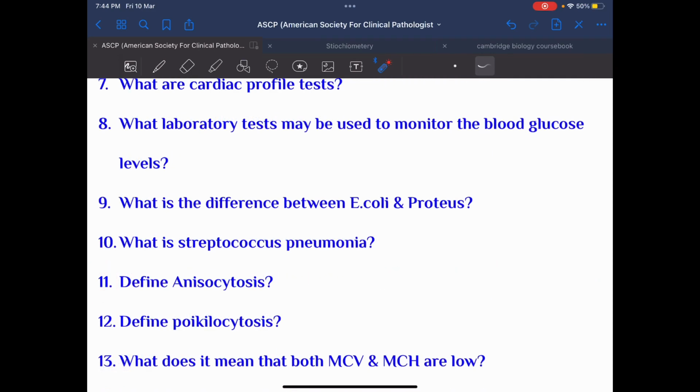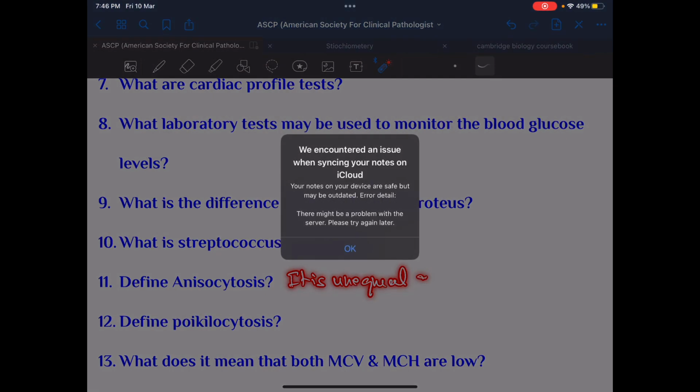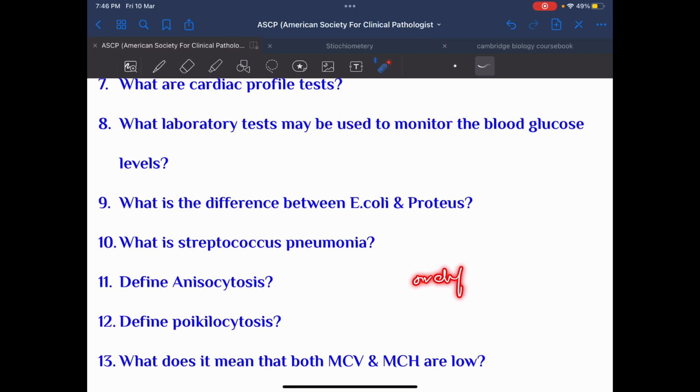Question number 11. Define anisocytosis. Anisocytosis is the unequal or different size of RBCs.